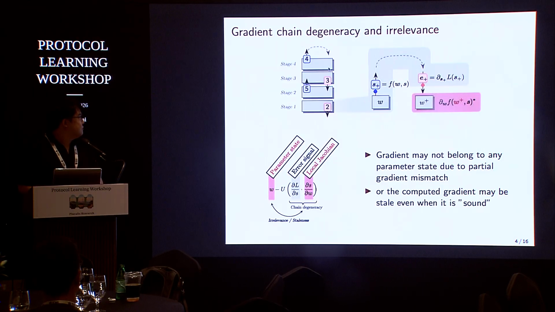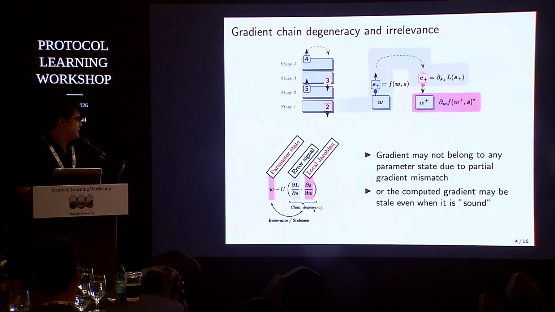If we go into the details, what's actually happening is that the error signal, the partial derivative with respect to the loss, is computed in a prior parameter state, whereas the local Jacobian is computed in the drifted, evolved parameter.